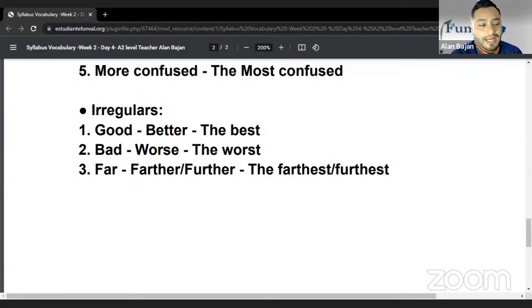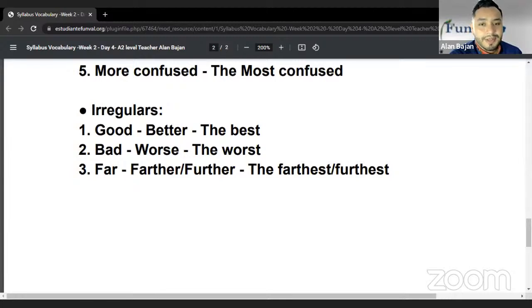For example, the adjective good, we say my English is better than my English years ago. I have the best friend in the world.